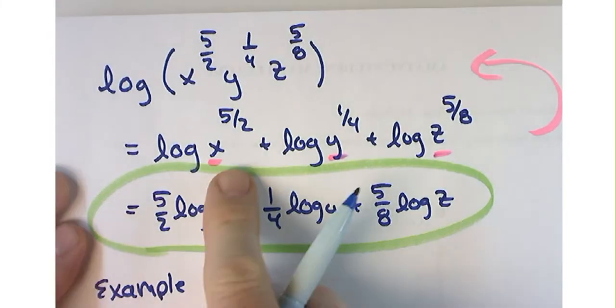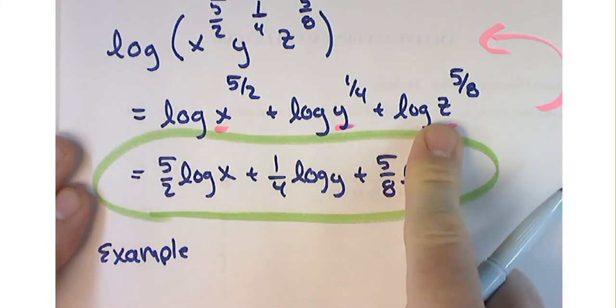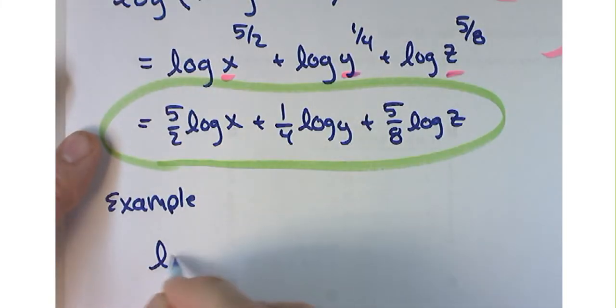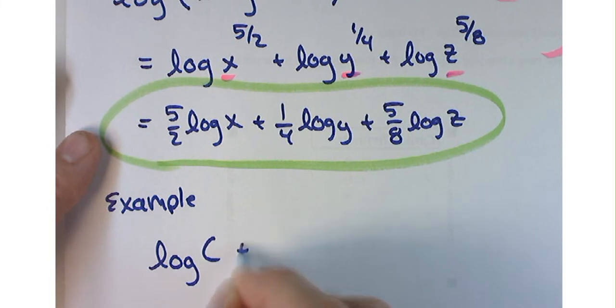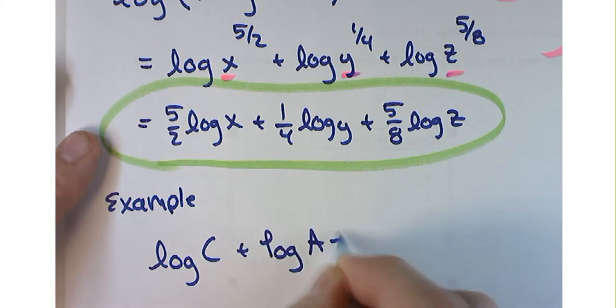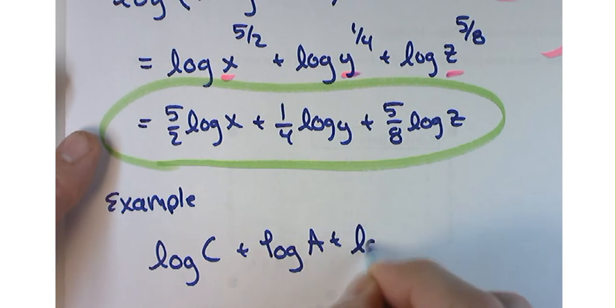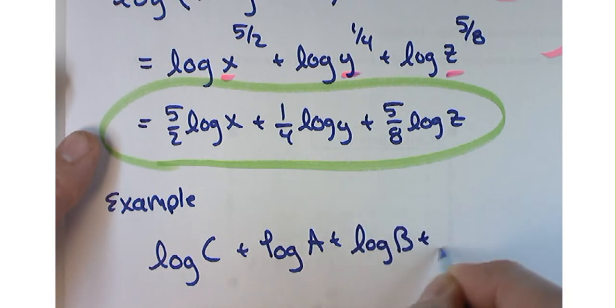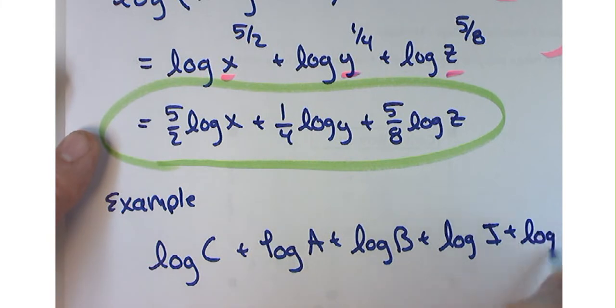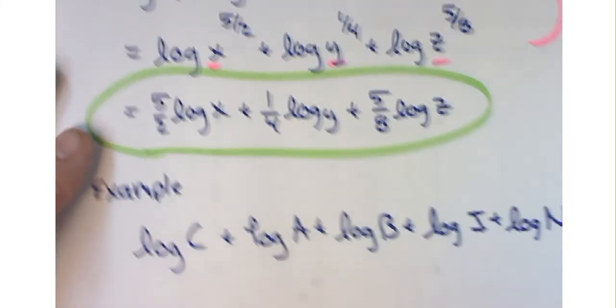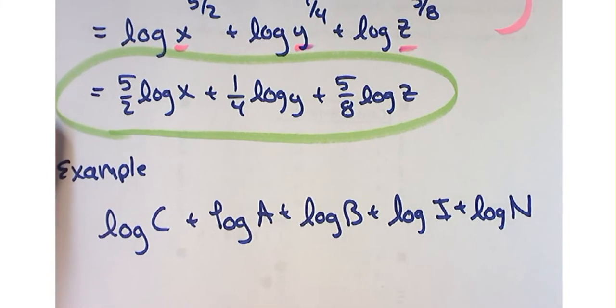I want to turn the sum of the logs into the log of a product. And I'll give you a nice, easy one to work with. So here you go.